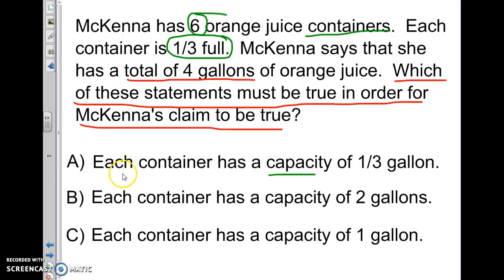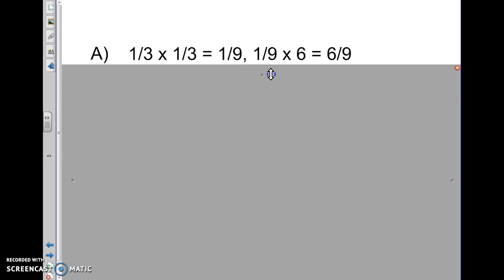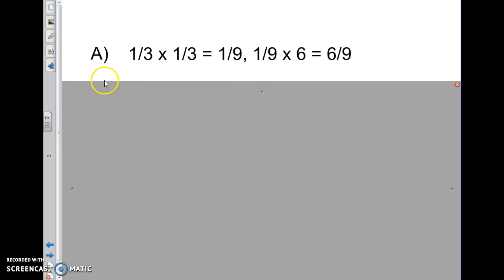So in situation A, each container has capacity of 1/3 gallon. So the whole container itself would be 1/3 gallon if it was all the way full. And we know that each container is 1/3 full. So we're going to first look at option A. So in option A, each container is 1/3 of a gallon if it's all the way full, right?